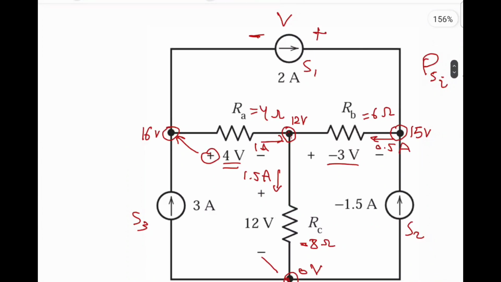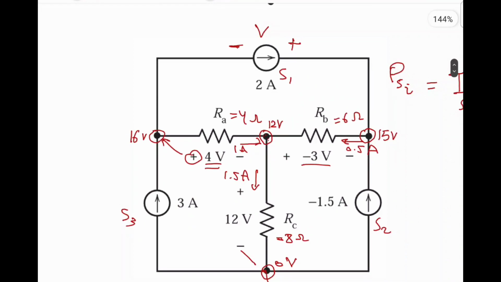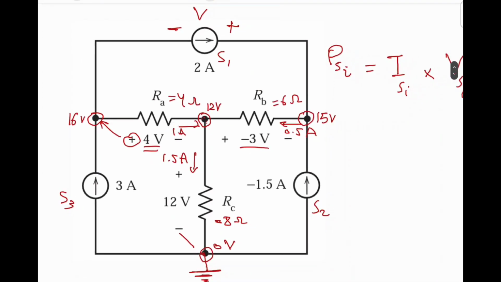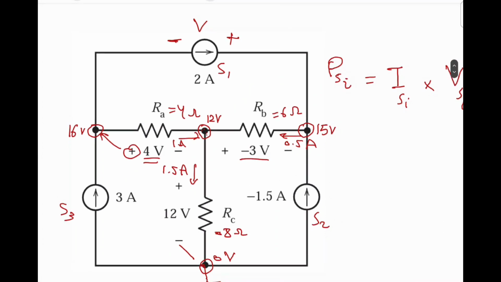So now we determined all these voltages. So let's see now what's the power delivered by each source. So let's take PS1. In this case, PS1 is equal to VS1 multiplied by IS1.